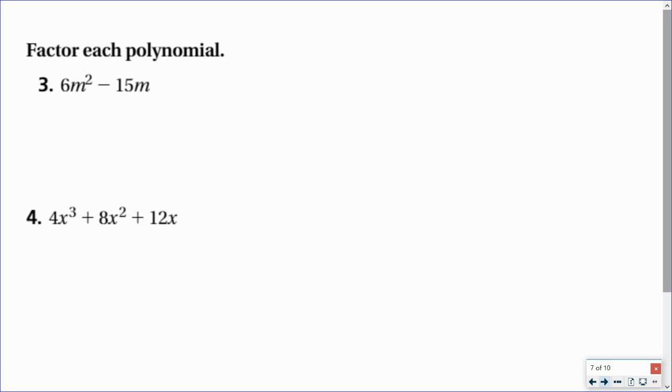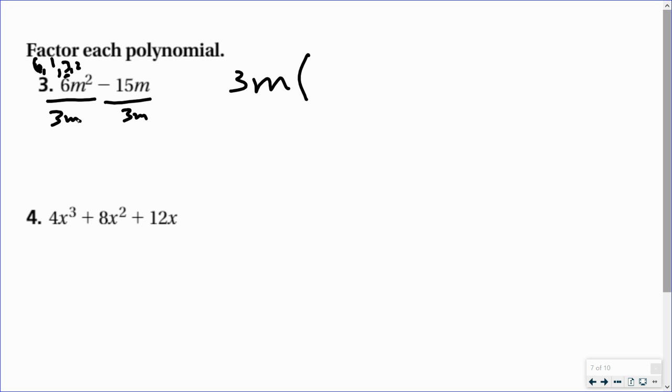Okay, so this one, there's a letter in both. Let's take out the m. And the numbers, so I'm looking at 6 and 1, 3 and 2. Well, 6 won't go into 15, so that's a goner. So 3, that's it. So I'm going to divide this by 3m and divide this by 3m.